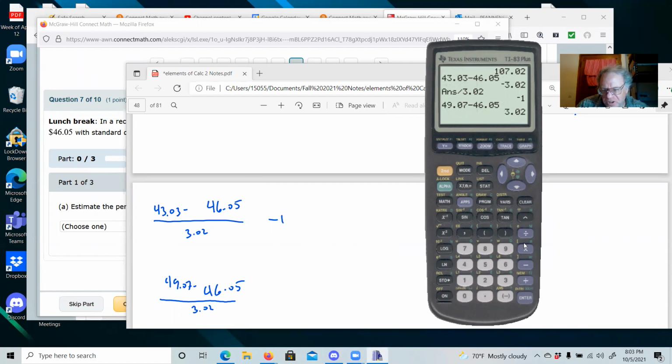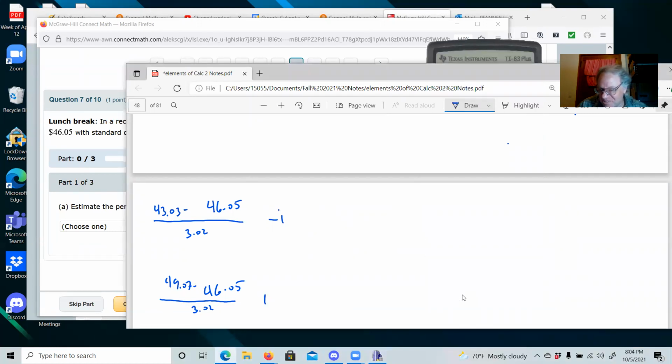Let me warn you that not all of the problems are nicely symmetric like this, okay? So just because you got 3 on one side doesn't mean you're going to get 3 on the other side, all right? So be careful. Many problems in the book do have it symmetric, which is nice, but I'm not nice, okay? So we're going to go from -1 to +1. What percentage of the data is within one standard deviation?